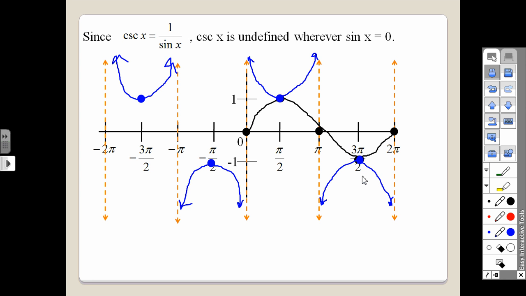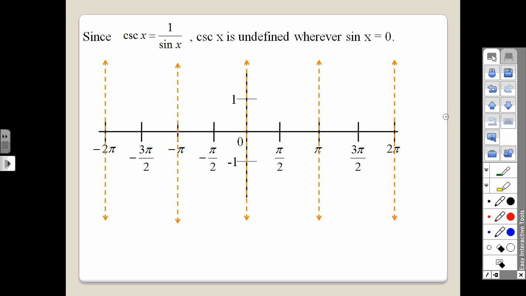And then if you wanted to think about the vertical phase shift afterwards, after you figured out where your asymptotes are, maybe this point would move up 1 and this point would move up 1, and so on and so forth. Okay, so let's clear this and move to secant.